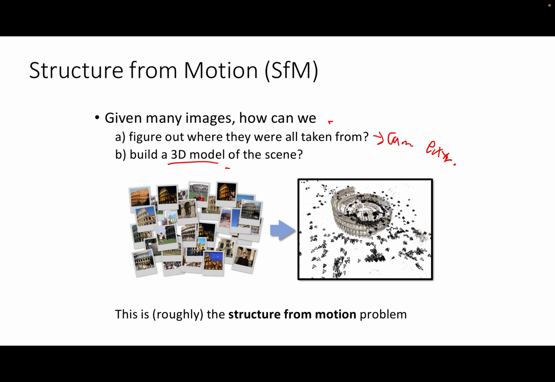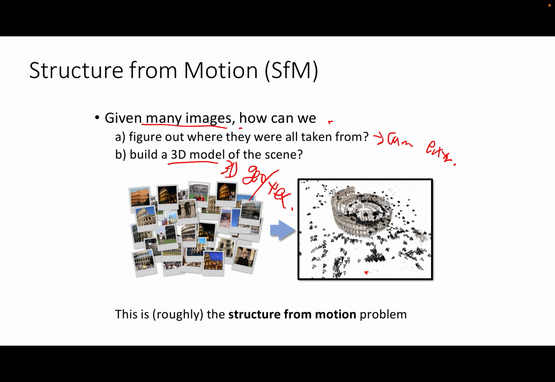We can still recover 3D textures, so 3D geometry and texture. The input is just many images. So this is very practical without any 3D measurement. We'd like to recover camera extrinsic, intrinsic, 3D geometry, and texture all at the same time. So that is structure from motion.